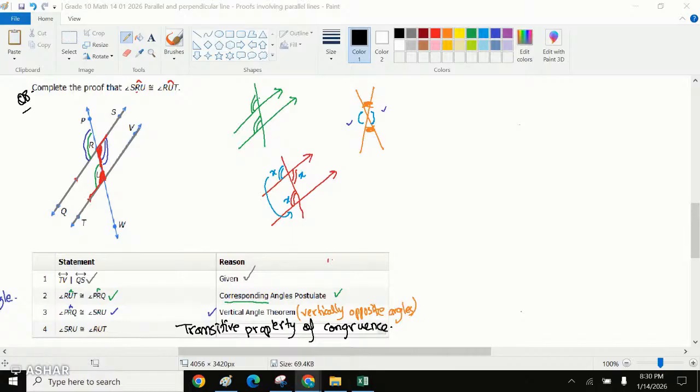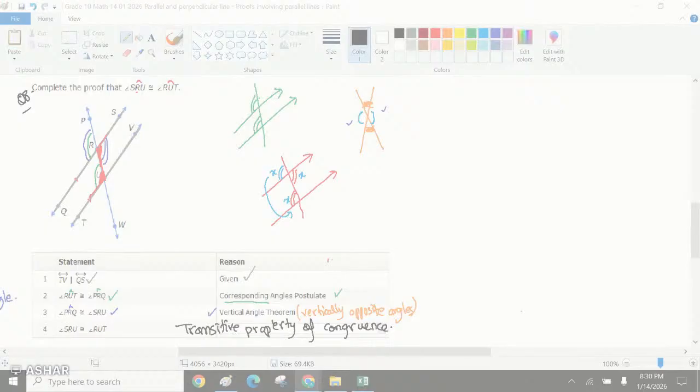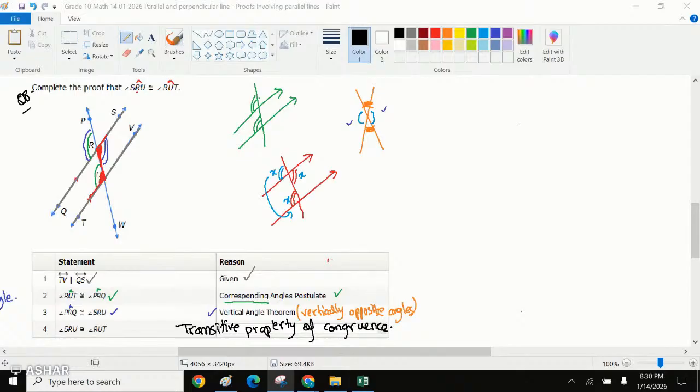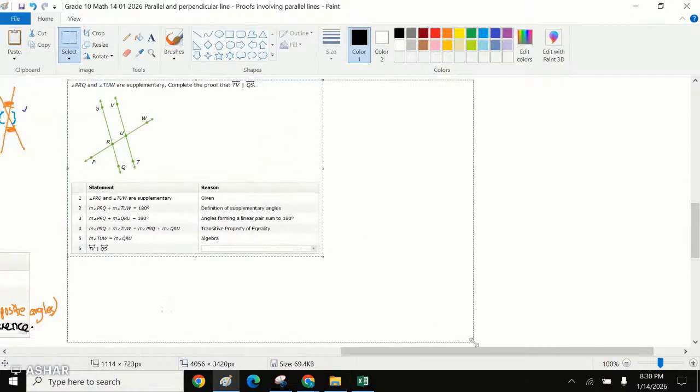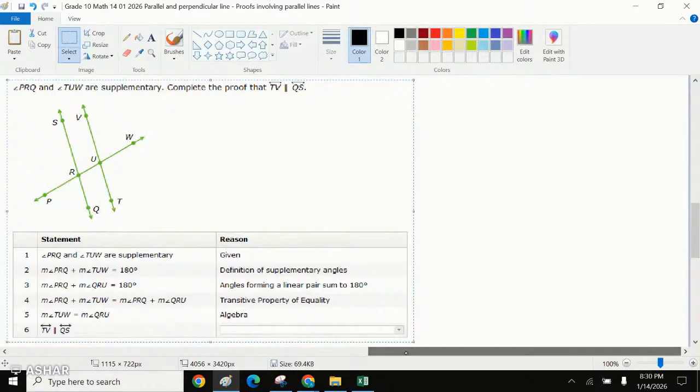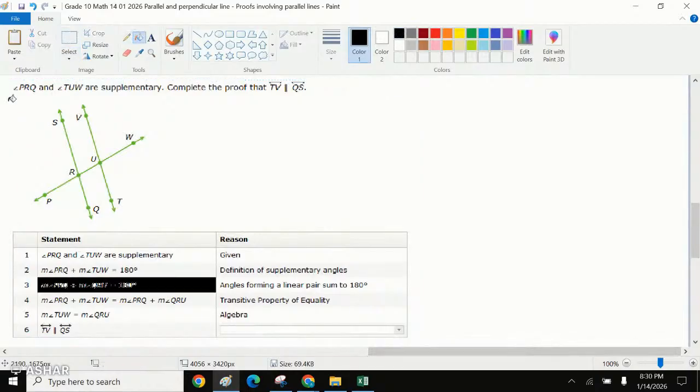Moving ahead to the next question. Let me just copy this. For the next question, 5 properties are already given. We need to find the missing 6th property. Question number 8, let's make it question number 9. Sorry, I just need to redo it.